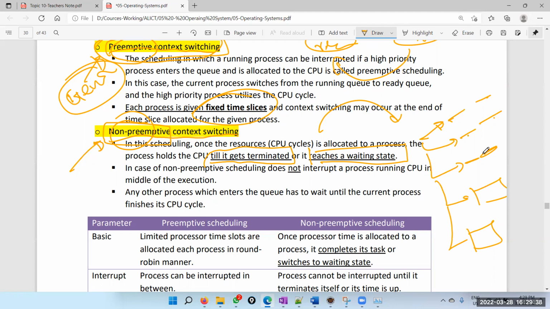So what is meant by a real-time operating system? We try to do things in real time. When there are critical operations like defense, missile guiding systems, life supporting systems in health, we have a split of a second to decide and finish it. In that kind of operating system, they mostly use non-preemptive, because when they get that process to run, you can't just go to running, waiting, and so on.